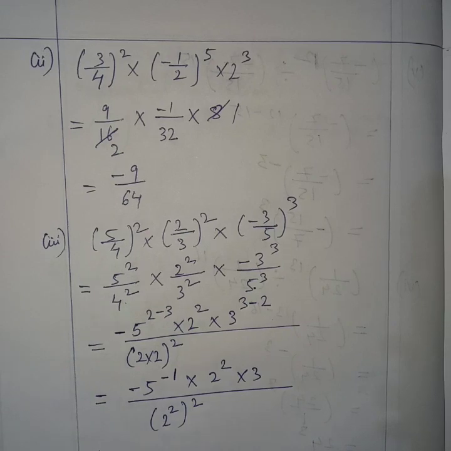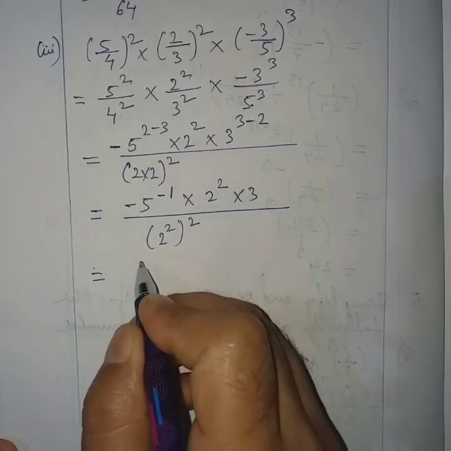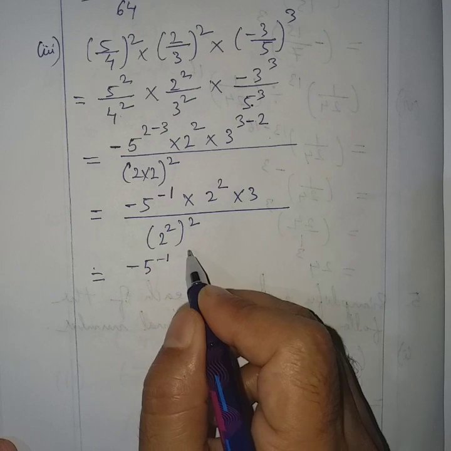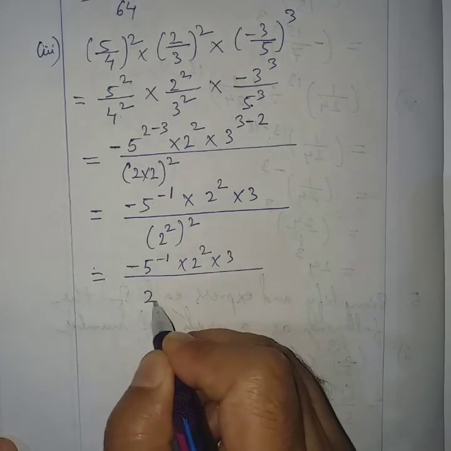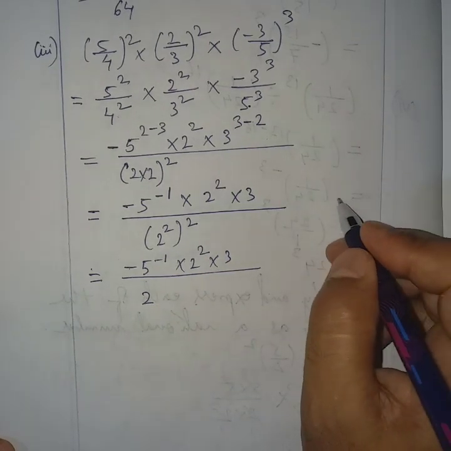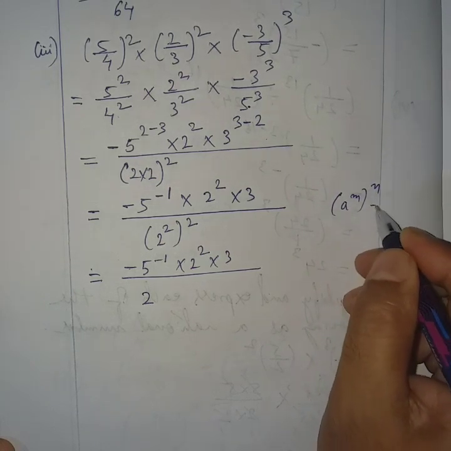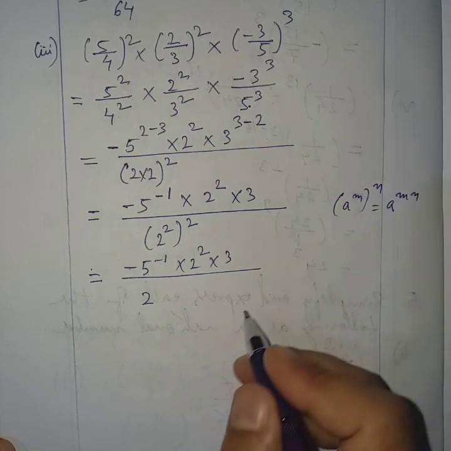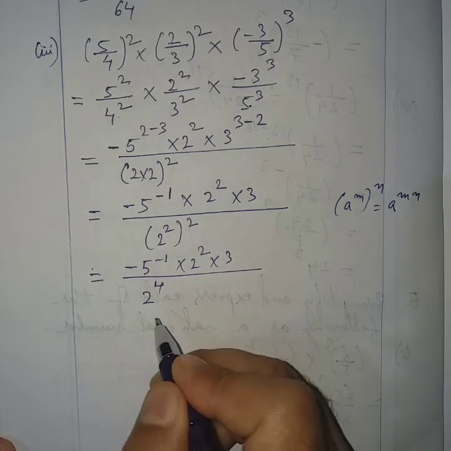Now in the next step, minus 5 to the power minus 1 into 2 to the power 2 into 3 by 2 to the power 4, as 2 into 2 is 4 here. This is like this: a to the power m whole to the power n is equal to a to the power mn, from the laws of exponents. So we can apply this one here, 2 to the power 4.